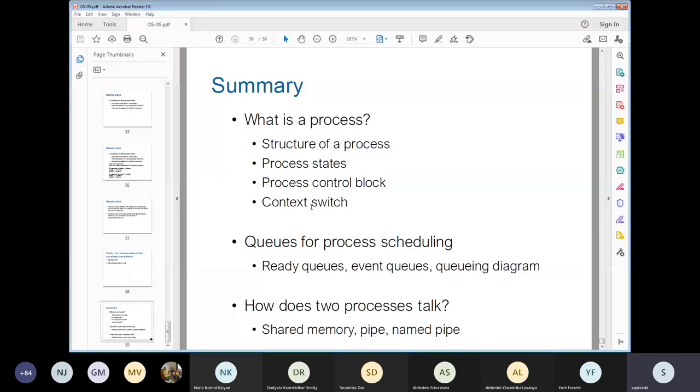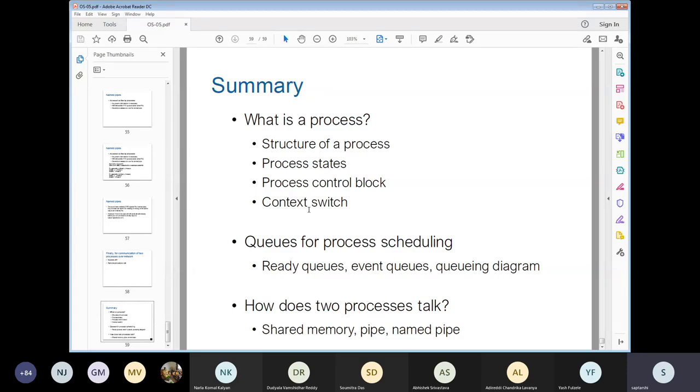So there is a part of the kernel, a procedure, which is called the scheduler. The scheduler will look at all processes in the ready queue and decide which process to run next. Then there is another part called the dispatcher, which will load this selected process onto the processor.